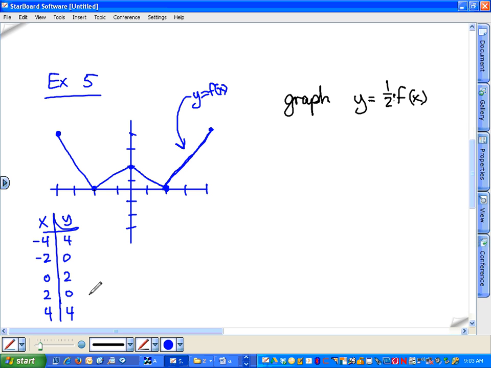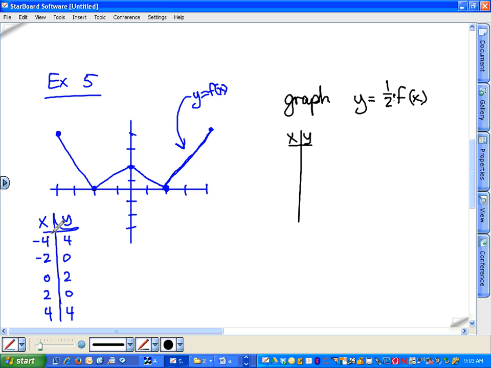These represent points on the original function f of x. What you should now do is generate a table of values for y equals 1/2 of f of x. Which column gets affected? Yeah, f of x is represented by y values, and we take 1/2 of the y values.